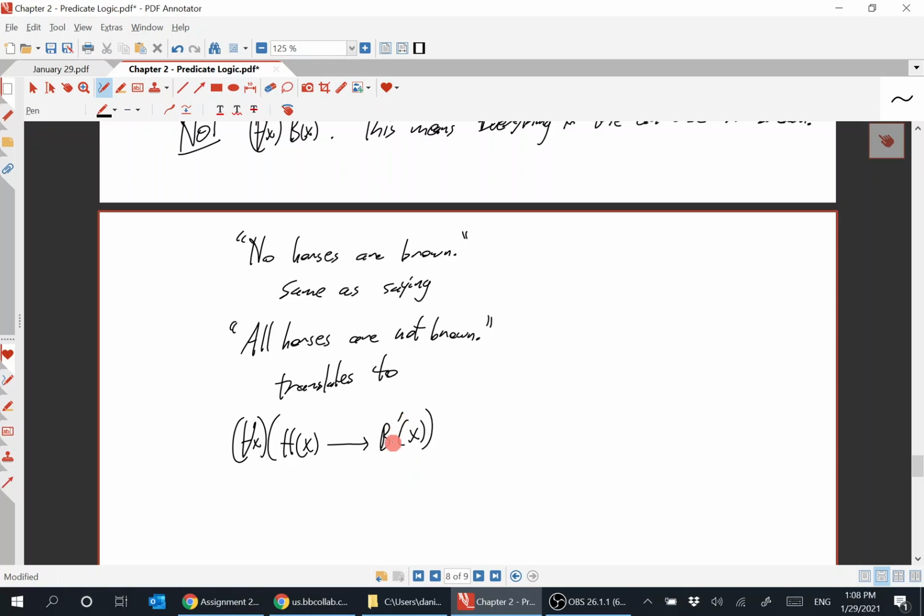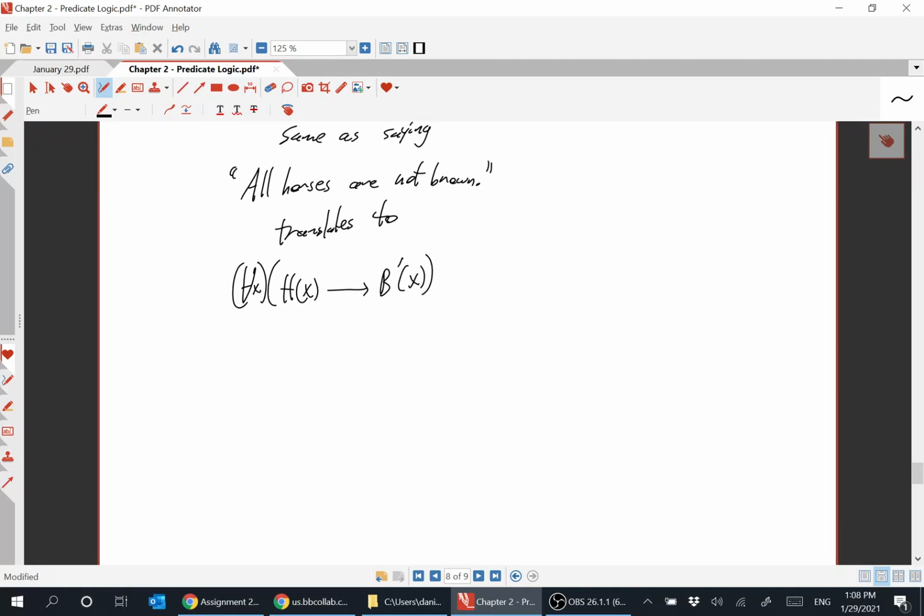You can put the negation here like that if you want. I know it's the same notation as derivative, but we're not doing calculus here. Shouldn't cause any confusion.